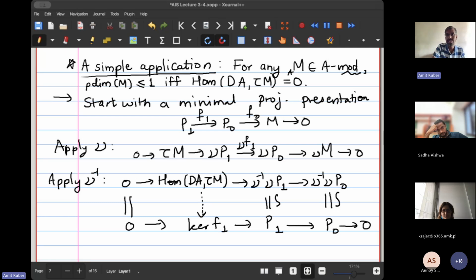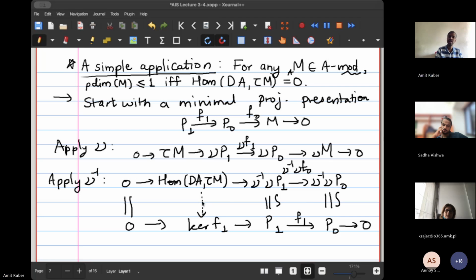Well, obviously this is 0, because from here to here and then down is 0. Therefore, this way is 0. So there must be a factorization through the kernel of F1. Therefore, there exists a map.